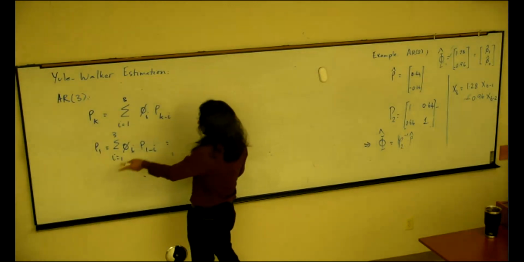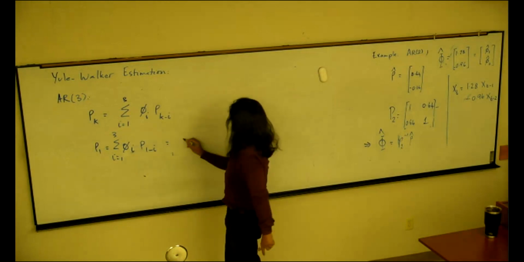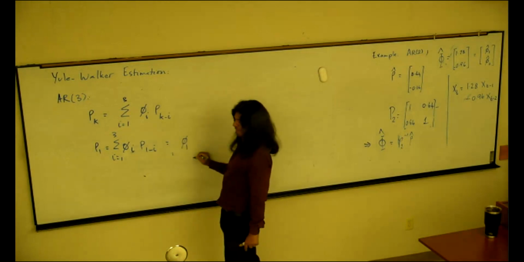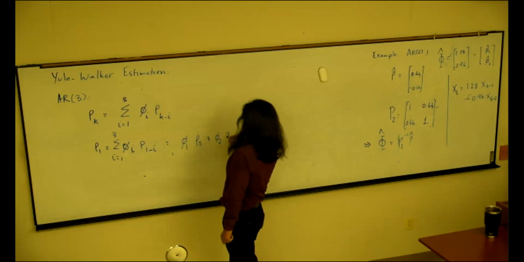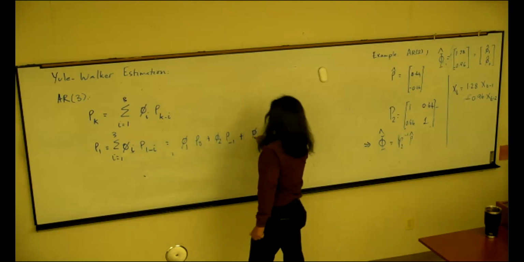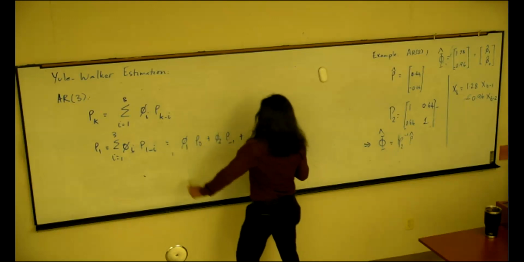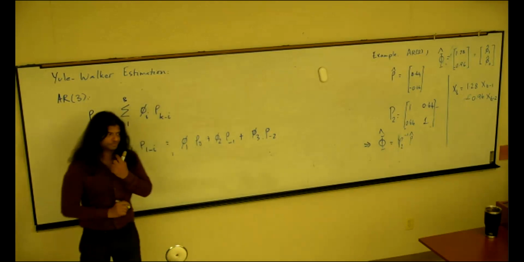Open K equals 1 and expand after. So when i is 1, I would end up getting phi 1 row 0, phi 2 row 1 minus 2, which is minus 1, plus phi 3 times row 1 minus 3, which gives minus 2. Good.